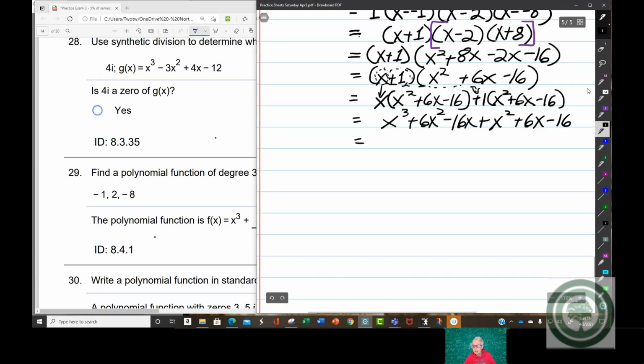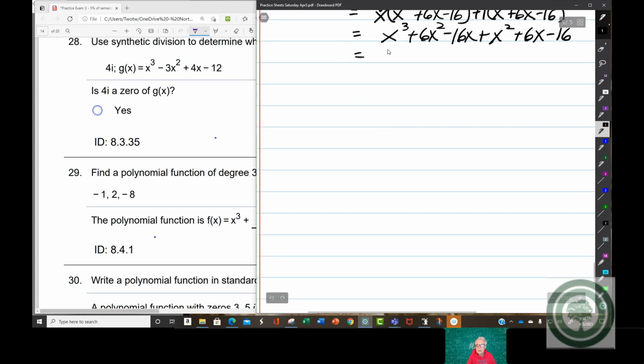Then combine your like terms, and you'll have x to the third plus 6x squared plus 1x squared is plus 7x squared. Minus 16x plus 6 is minus 10x. Minus 16.